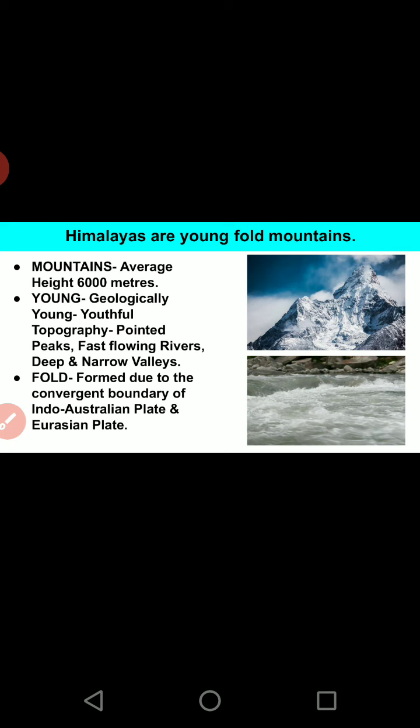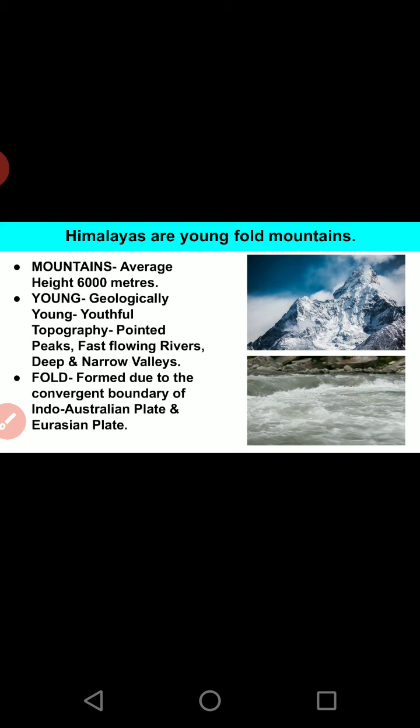Himalayas, after the formation, are still present in front of us. Now geologically, that means in the history of the formation of the earth, Himalayas are the recent formation. It means all the other features have formed earlier, but Himalayas comparatively are a very young formation.